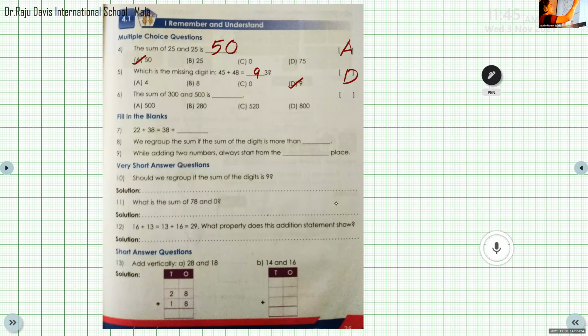So it is a 3-digit number. So we have to write 300 plus 500. Please add, everyone. What is the answer, Angela? 800. Very good. That is the correct answer. So here you can write 800 and the option again is D.